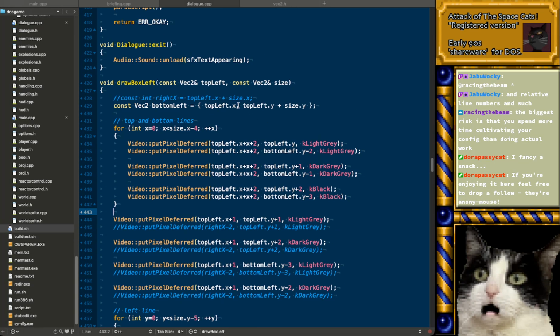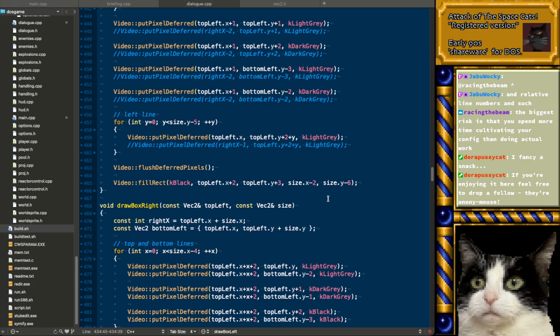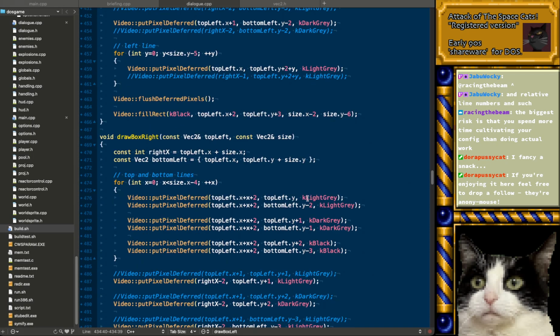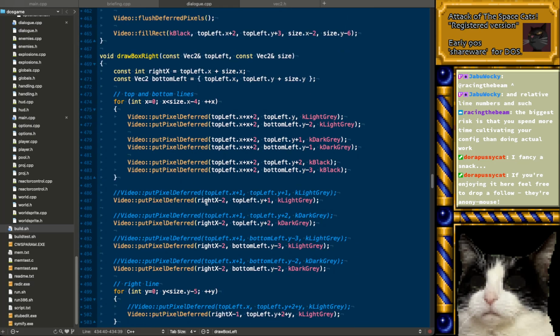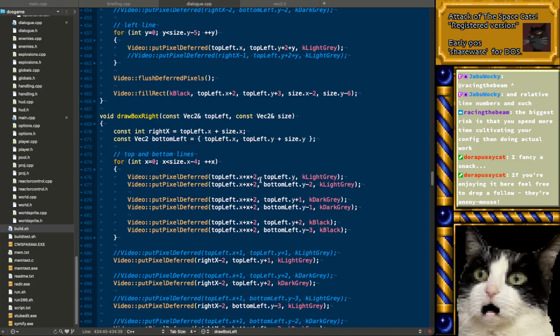And why is it 3 pixels further over anyway? It's the right edge. Top left plus size, that's going to be right.